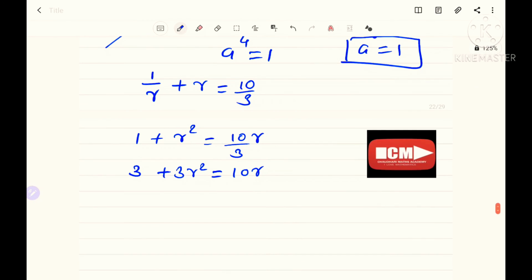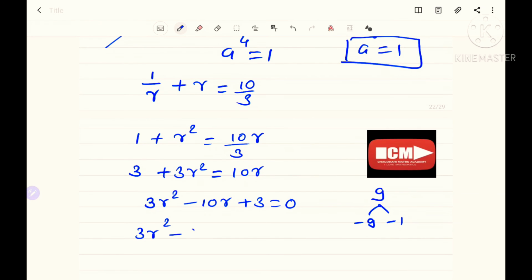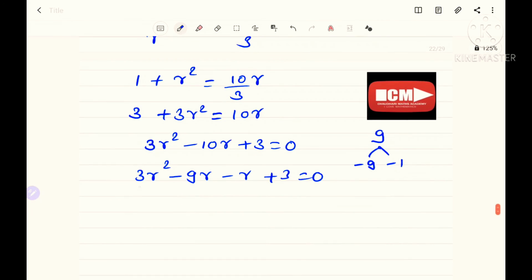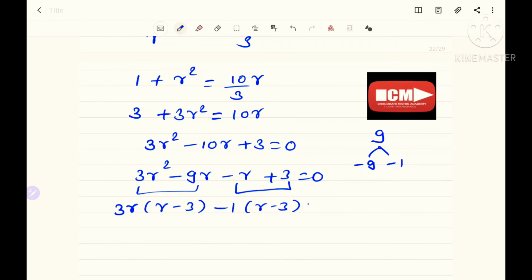Finally the quadratic equation is 3R square minus 10R plus 3 equals 0. Factorize: the product is 9 and the sum is minus 10, so the factors are minus 9 and minus 1. 3R square minus 9R minus R plus 3 equals 0. Taking 3R outside, we get R minus 3, and taking minus 1 outside, we get R minus 3.